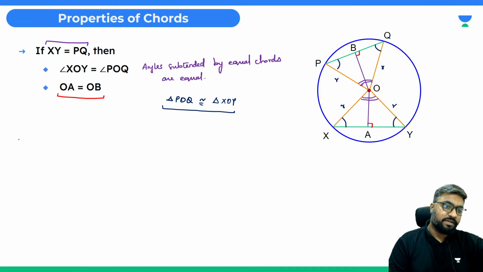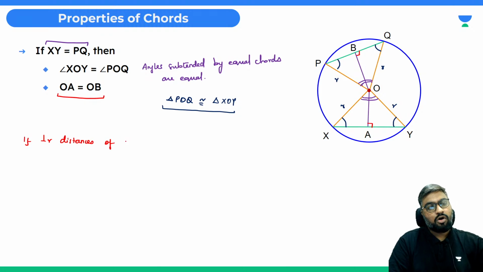If the perpendicular distances of two chords from the center are equal, then the lengths of the chords are equal.